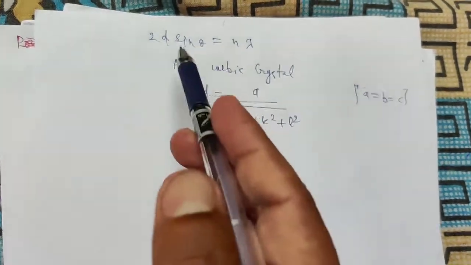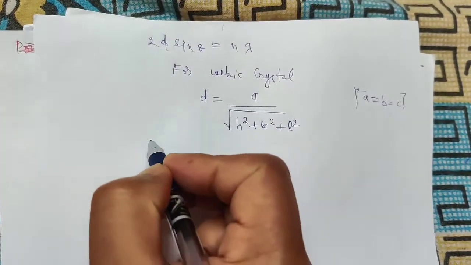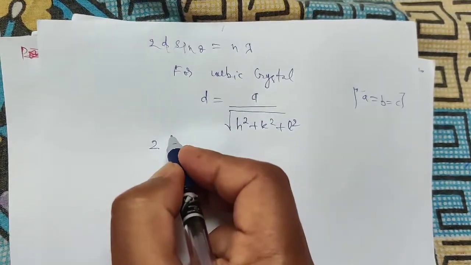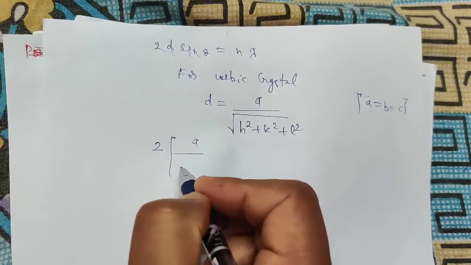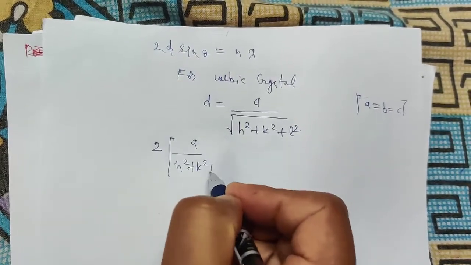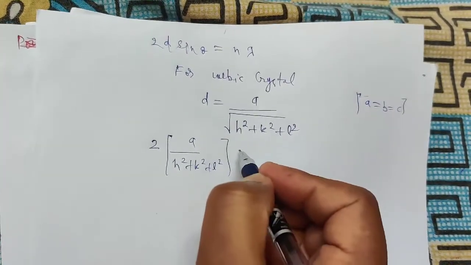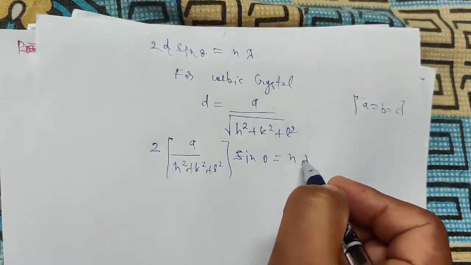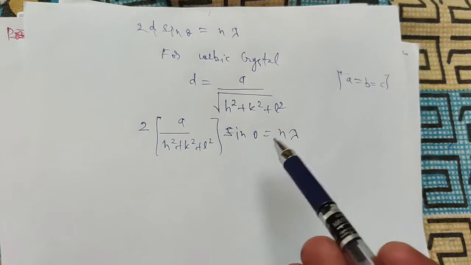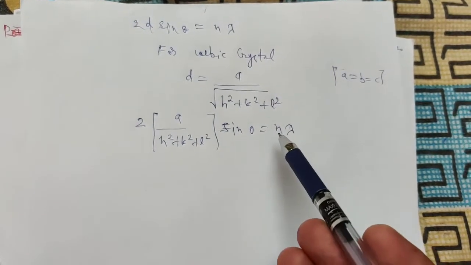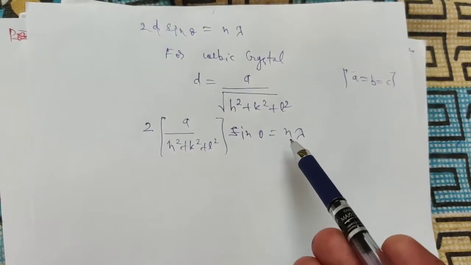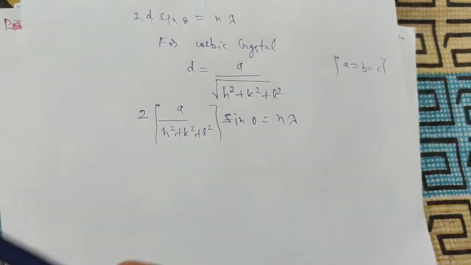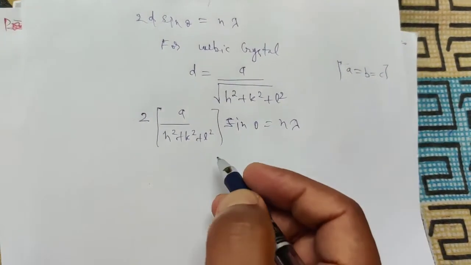Put this d into the Bragg's condition. This will be a upon the square root of h square plus k square plus l square, into sine theta equals n lambda. We can put the value of theta 1, theta 2 and theta 3 here. n is the order of reflection, which can be 1, 2, 3, and lambda is fixed in this powder method.